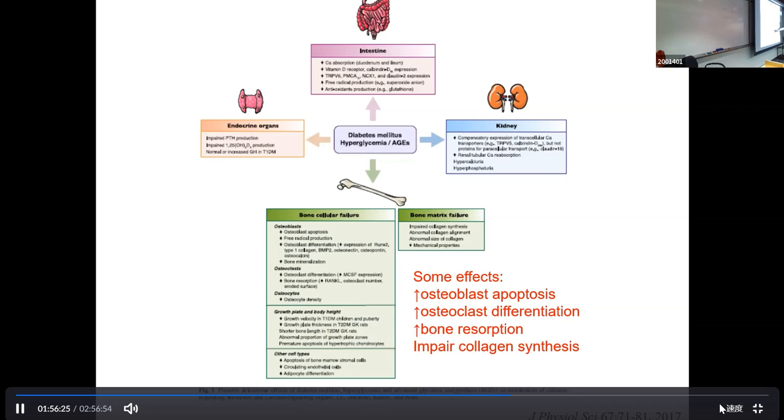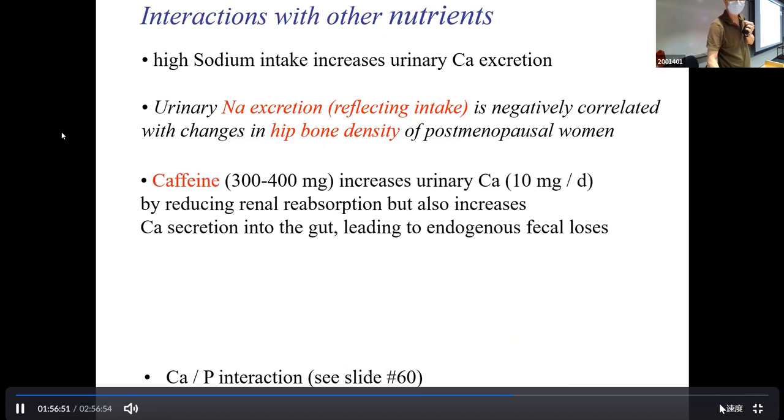So these are some of the possible answers for a relationship between diabetes and calcium. And because bone contains most of the calcium, that's why it is related to the bone. But again, a lot of research is needed for us to better understand what is going on. So, interaction with other nutrients.